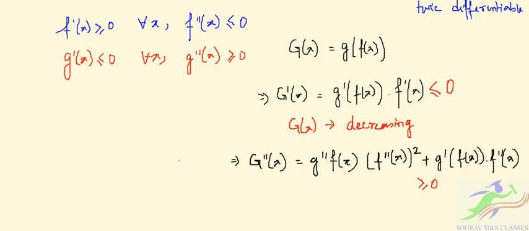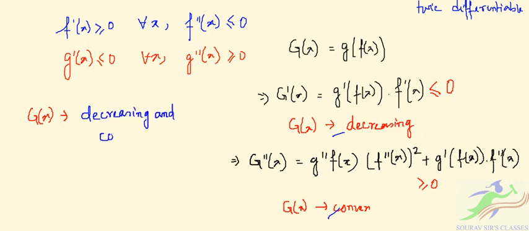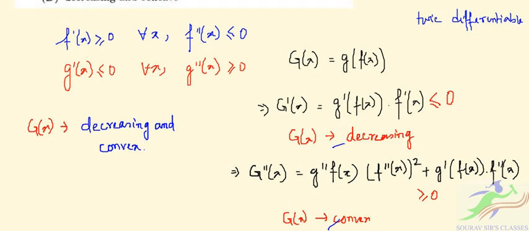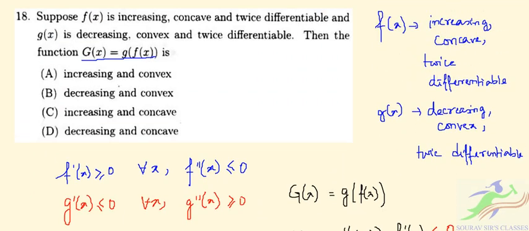So we can say that g of x is convex. So this particular function g of x is decreasing and convex. So which one will be the correct option? Our correct option is option B, decreasing and convex.